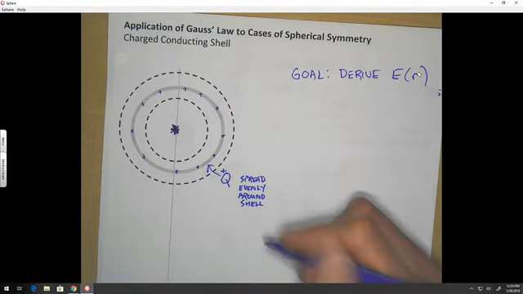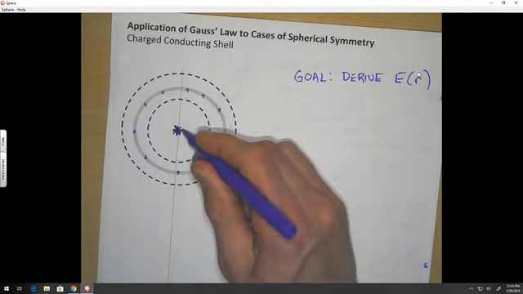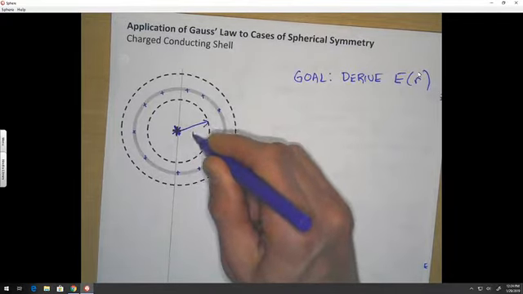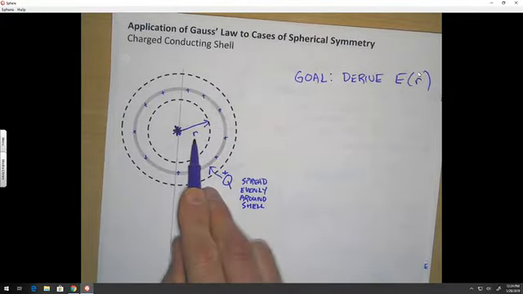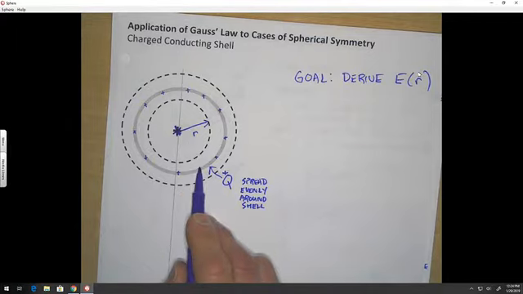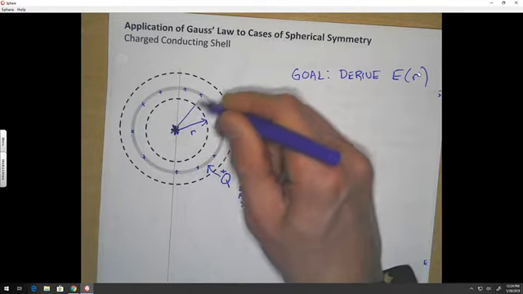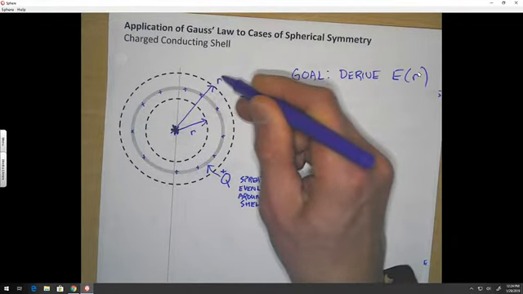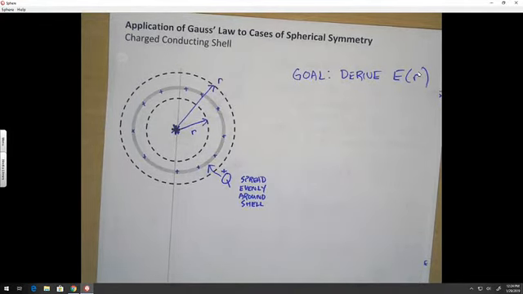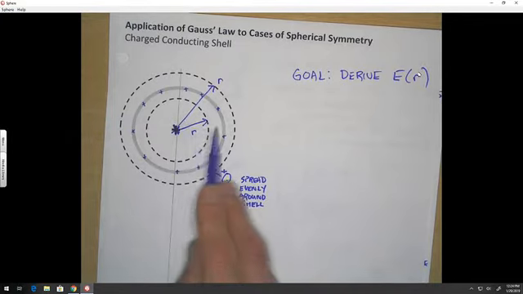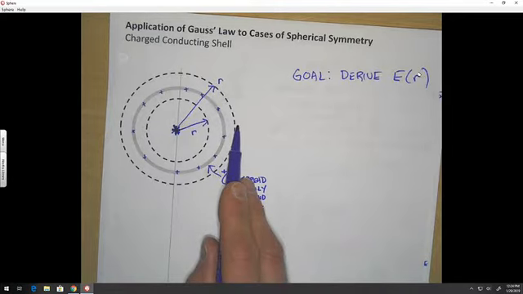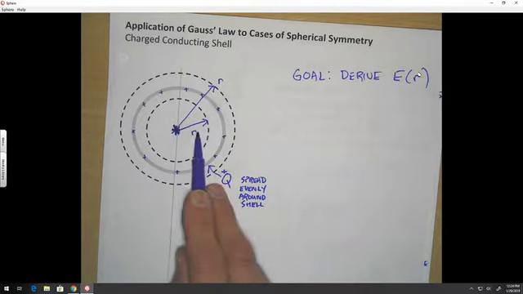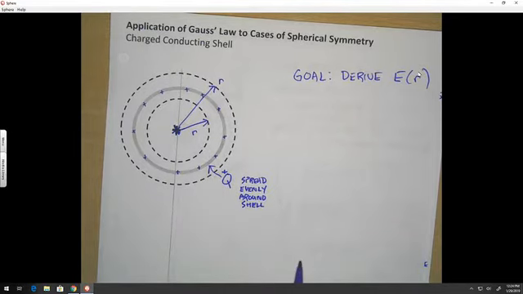In this picture, the radius might be small, like it might be smaller than the radius of the charged conductor, or it could be something bigger. And I'll tell you it's going to make a difference because when you're inside the charged shell, you're going to have one situation, and when you're outside of it, you're going to have another one. So we're going to have to distinguish between small r's and big R's.